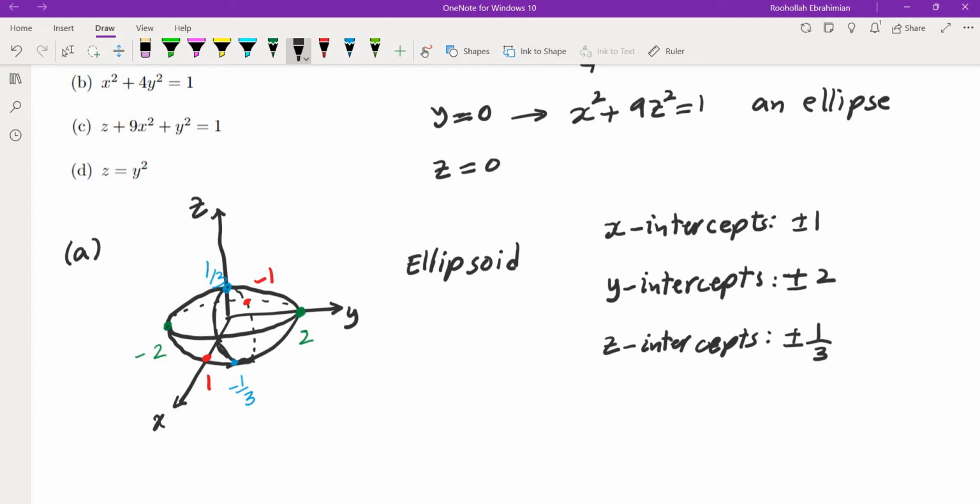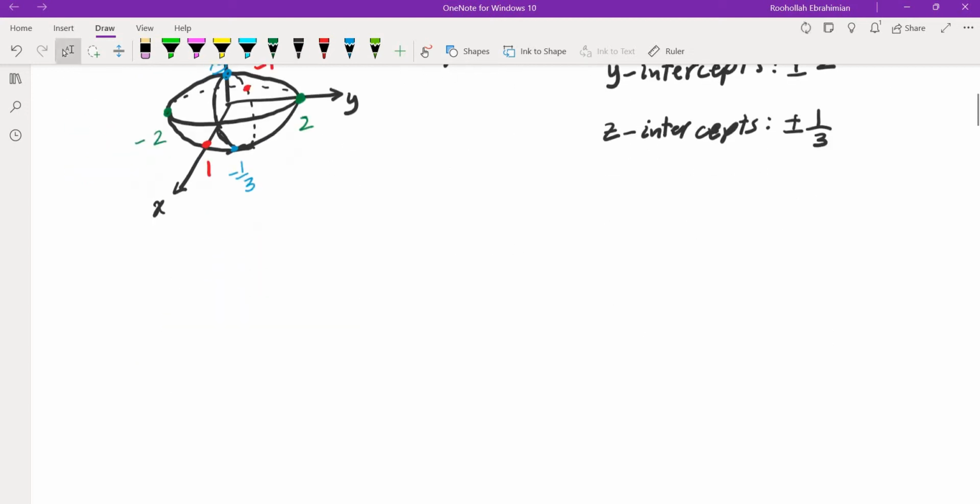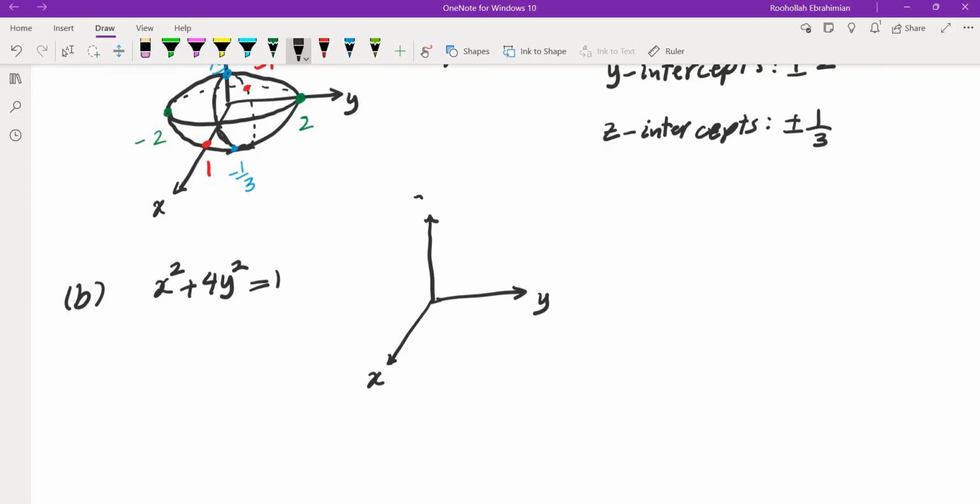x squared plus 4y squared equals 1. If we look at this graph on the xy plane, we know what this shape is. This is an ellipse on the xy plane. So because there is no z component here, there's no z involved in this equation, we will take the shape on the xy plane, and then we move it up and down.